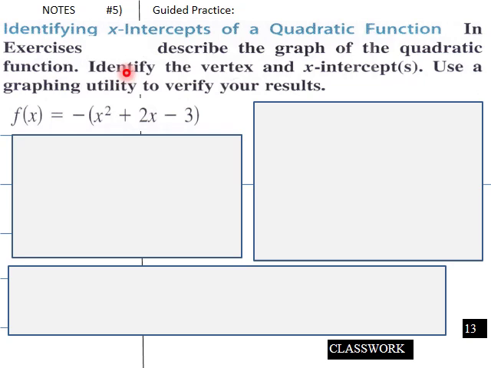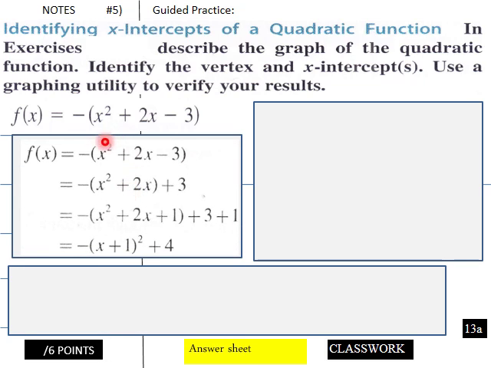Okay, and exercises here. Describe the graph of the quadratic function, this quadratic here. Identify vertex and the x-intercepts. Use a graphing utility to verify. So graph this to check yourself, but first do it analytically here. So for this one, here's our original here. And then we move our -3 out.